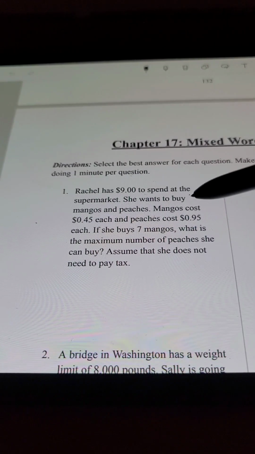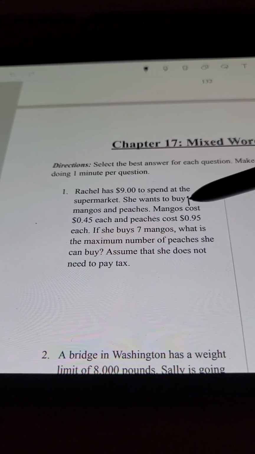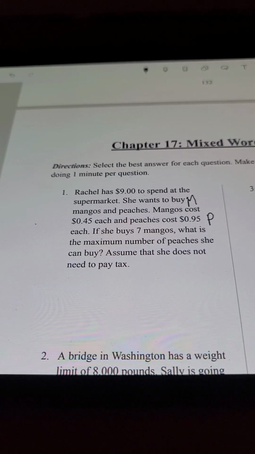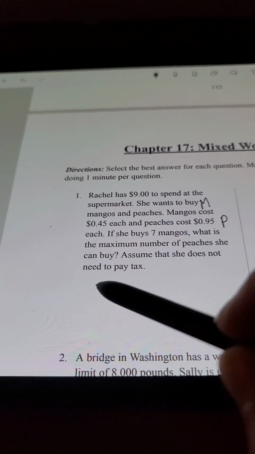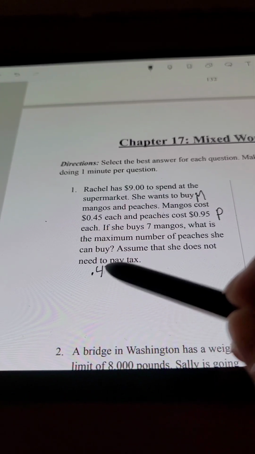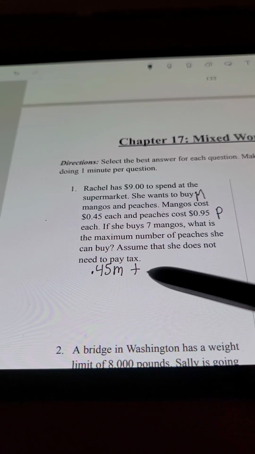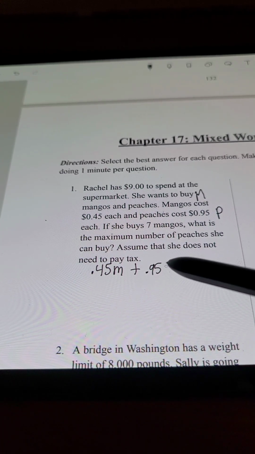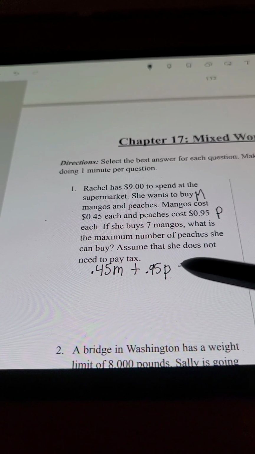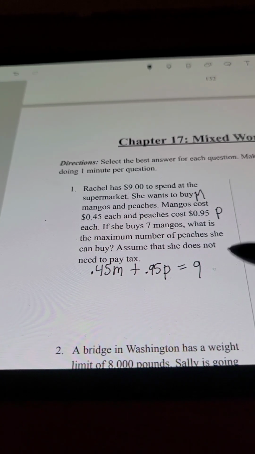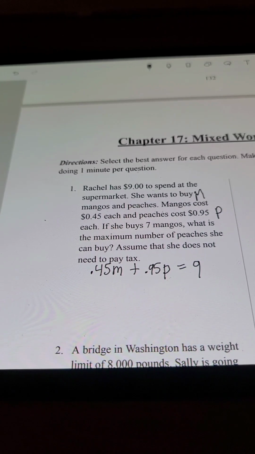So let's call the number of mangoes M and the number of peaches P. So we could say that 0.45 times the number of mangoes M plus 0.95 times the number of peaches has to add up to $9 or less, obviously.